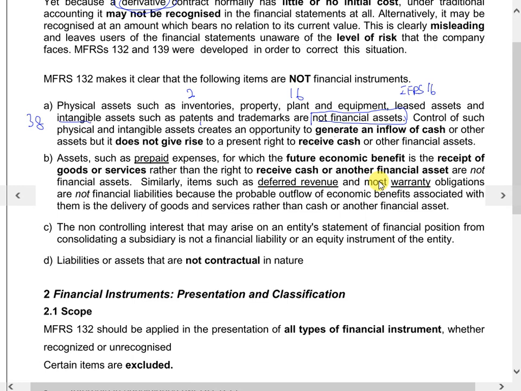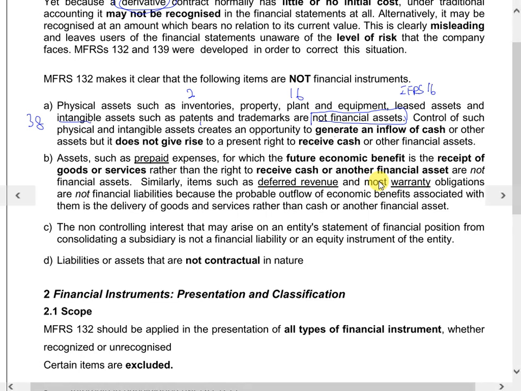Prepayment is an asset, but for example, 1 year is 12,000, and by paying 15,000, I prepaid 3,000. By paying an extra 3,000, does it give me the right to receive cash in the future? Same thing, no. What do I get in return if I pay extra 3 months? It means next month I get to stay another 3 months. So I receive goods and services rather than cash.